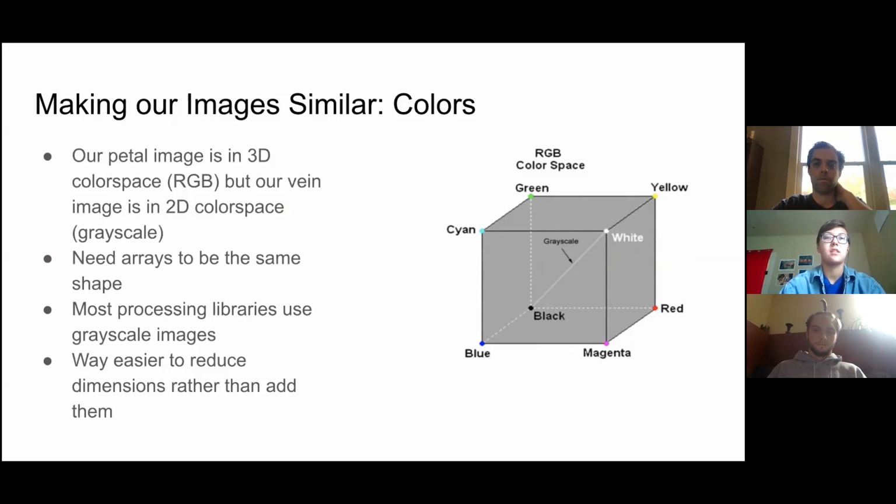This is also why most image processing libraries use grayscale images. Next slide.